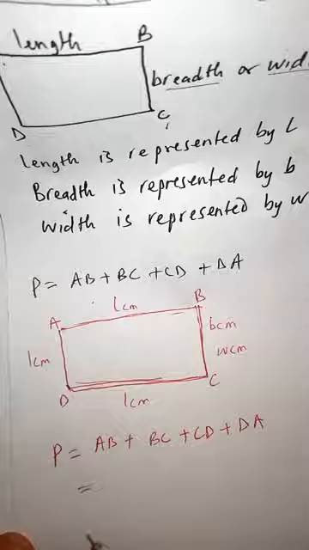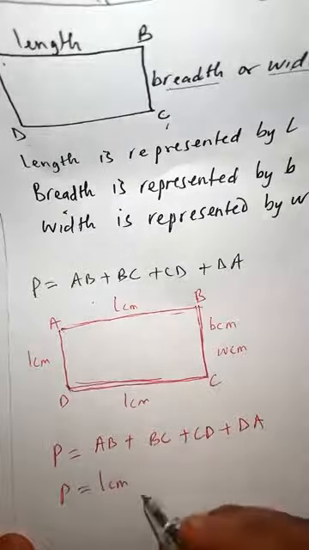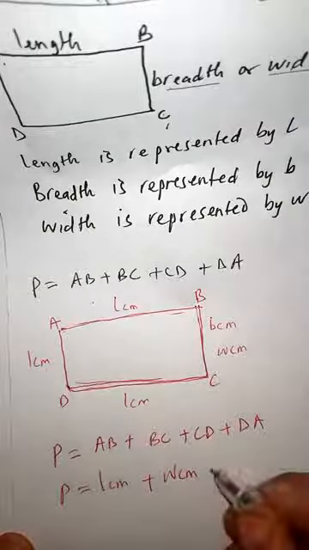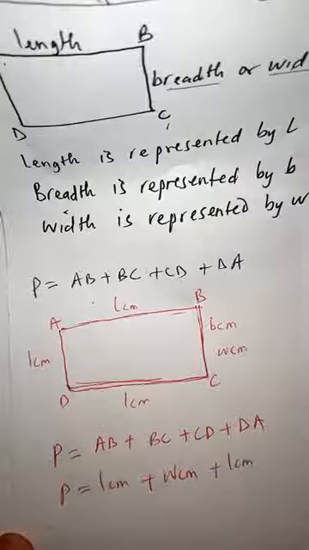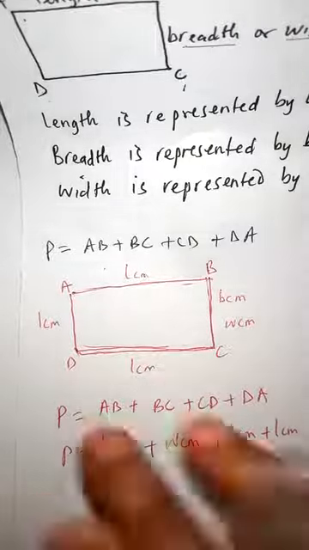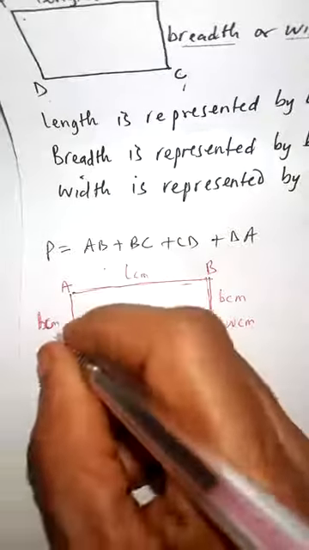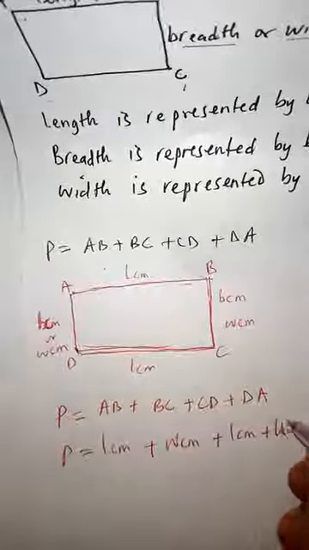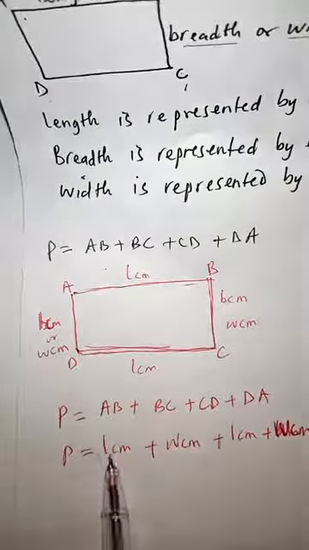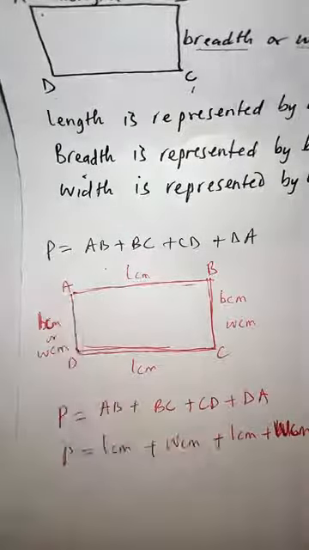And now we know that AB is L cm and BC is W cm or B cm, as the case may be, and CD is L cm. DA is W cm. Again, AB is L cm, BC is W cm, CD is L cm, and DA is W cm.